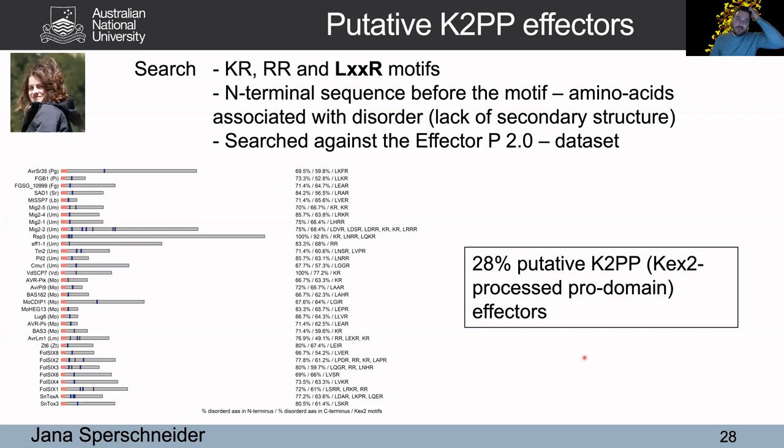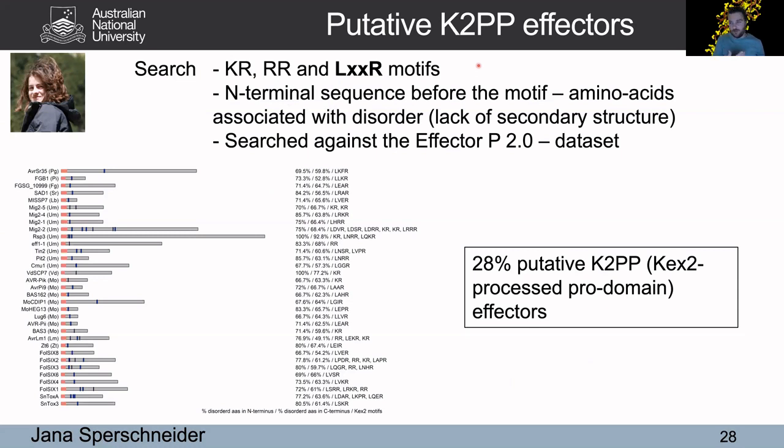We're also really lucky at ANU to have Jana Spersnader just across in another building, and I was talking to Jana about this, and she said she could help out. So Jana did a search for KRRR and this LXXR in her effector set from EffectorP 2.0. She also included a criterion that the N-terminal sequence before the motif was less structured than after the motif.